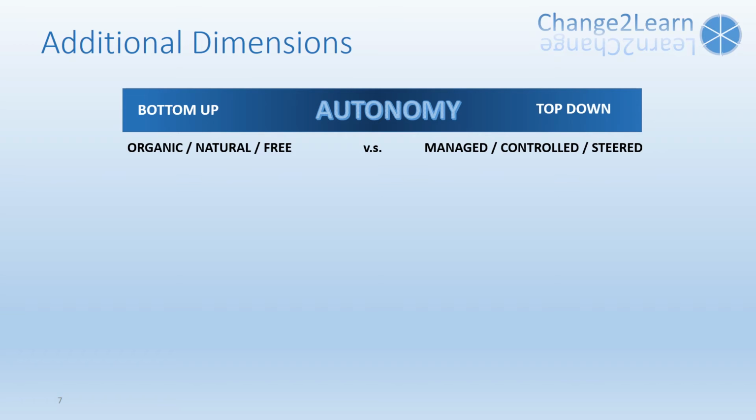It is based on their day-to-day needs. In the top-down approach, a more managed, controlled and steered way of working is driving the knowledge management implementation. Very often, driven by a company's strategic objectives. The two ends of the spectrum, for sure, bring in their own characteristics.